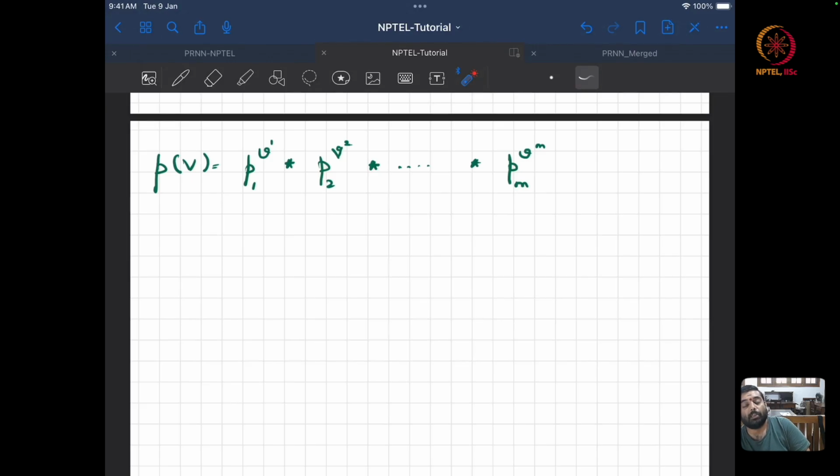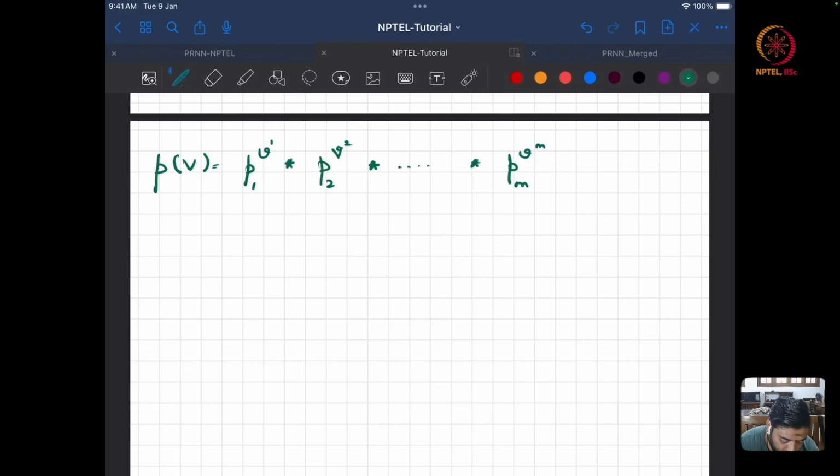Others will be 0. Anything raised to the power of 0 is 1. So we will get whichever is actually 1. Let's say that pi to the power vi is 1. Then the whole thing will boil down to pi.